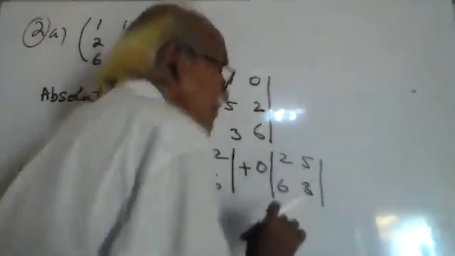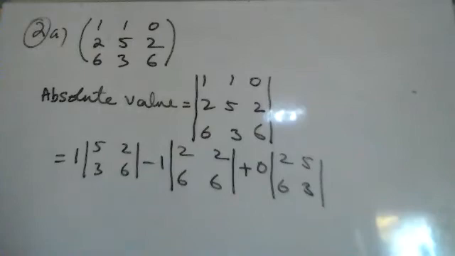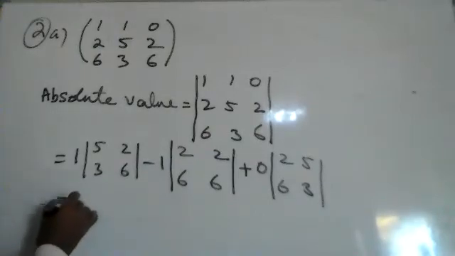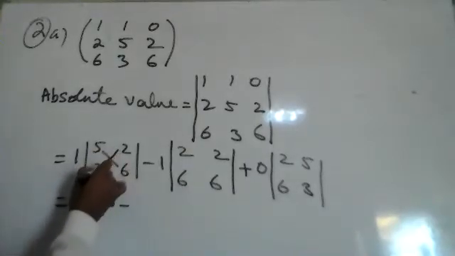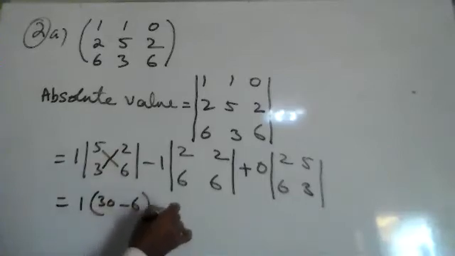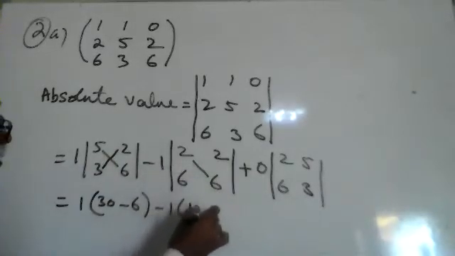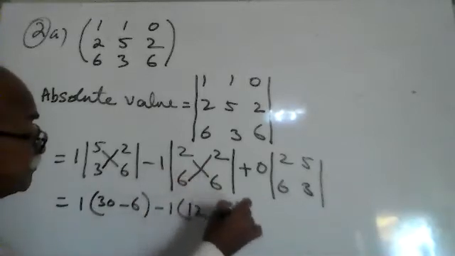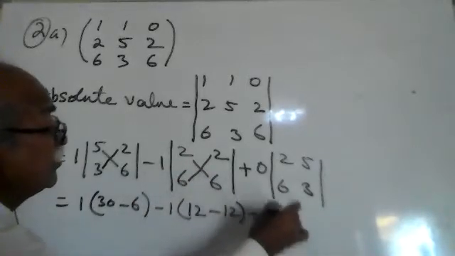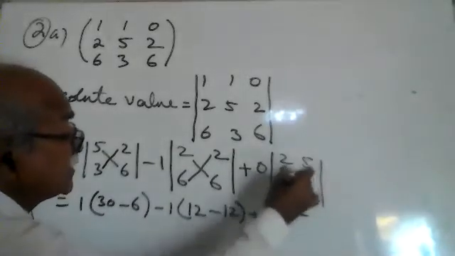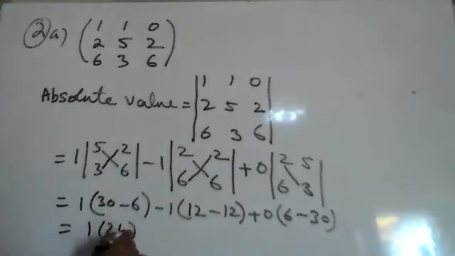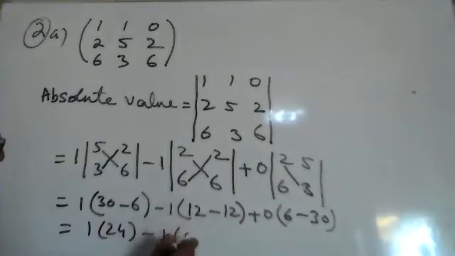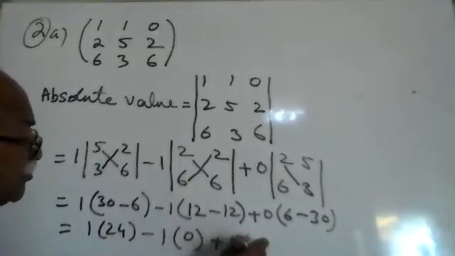As we have already evaluated so many determinants: 1 into 5 into 6 will be 30, minus 2 into 3 will be 6, minus 1 times 2 into 6 will be 12, minus 2 into 6 will be 12, plus 0 times 2 into 3 will be 6 minus 5 into 6 will be 30. So 1 into 30 minus 6 will be 24, minus 1 into 12 minus 12 is 0, plus 0 into minus 24.